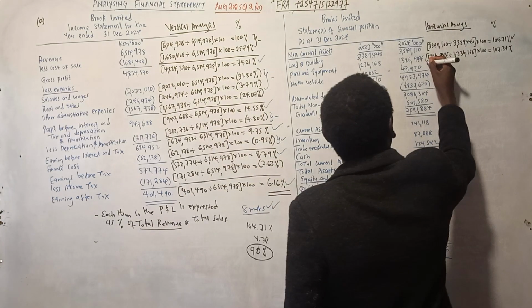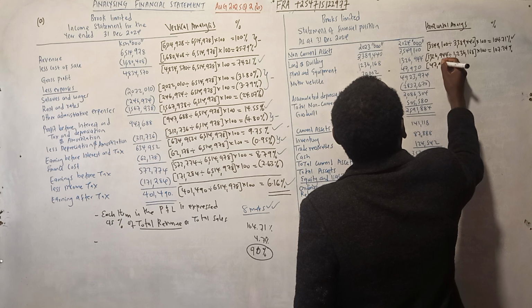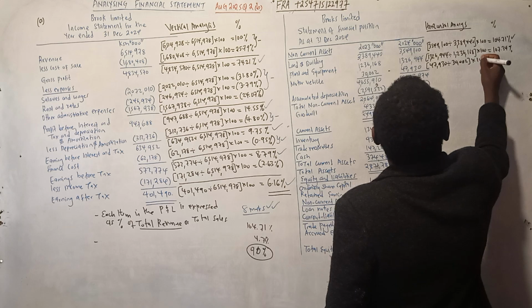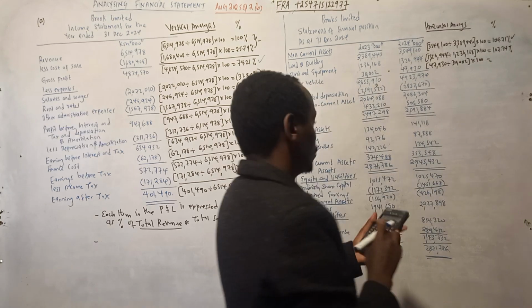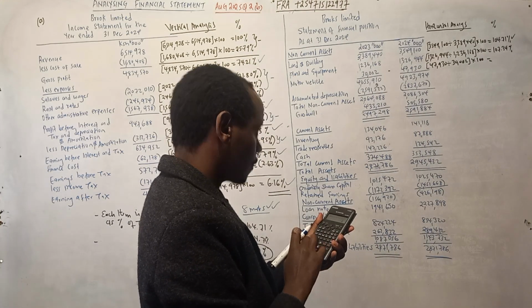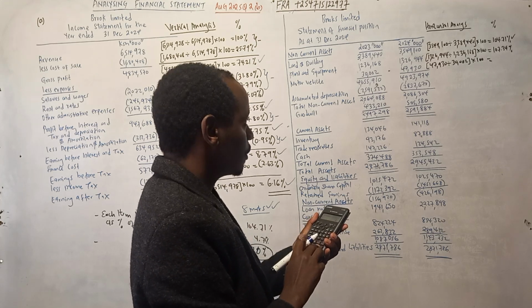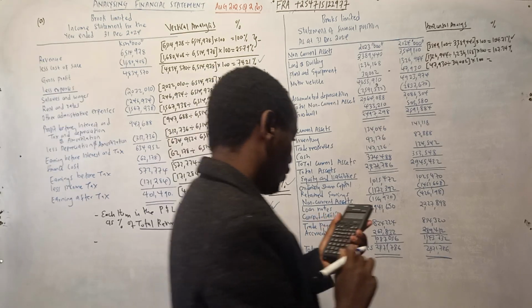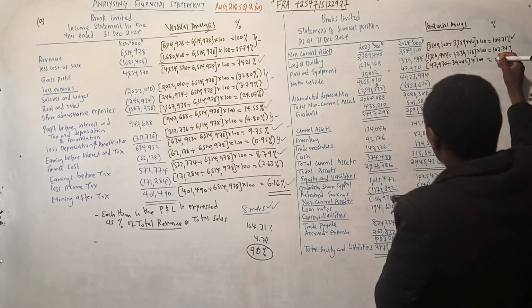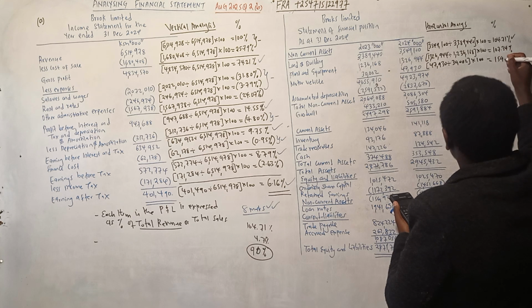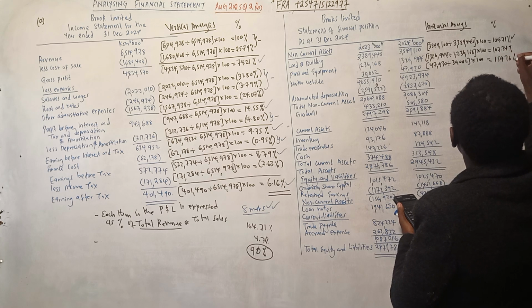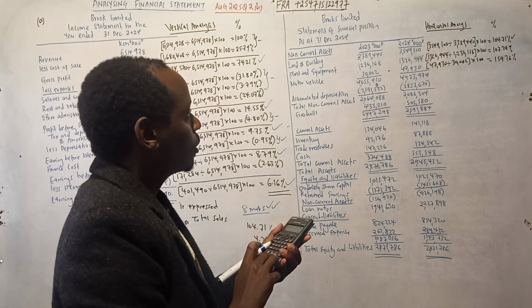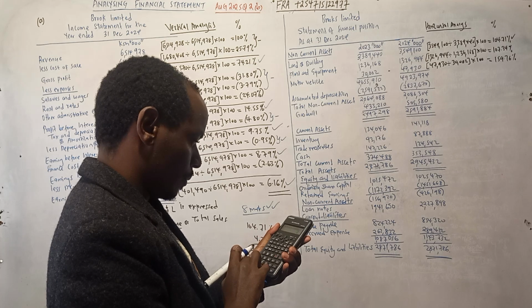Then let us see the next. 47,930 divided by 30,002 times 100 gives 159.76%. So we have an increment of 59%.